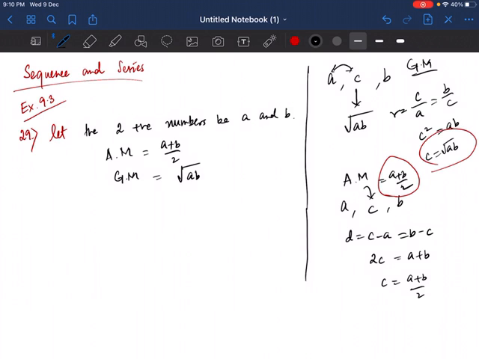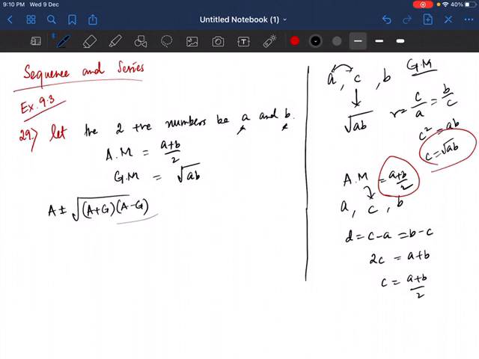So now we have to prove that A plus minus root over of A plus G into A minus G gives you the two values. This will be nothing but equal to a or b, right?